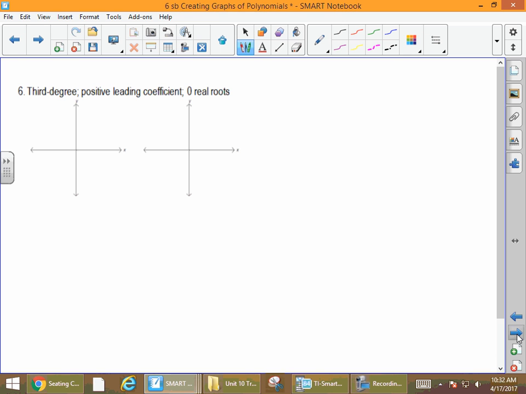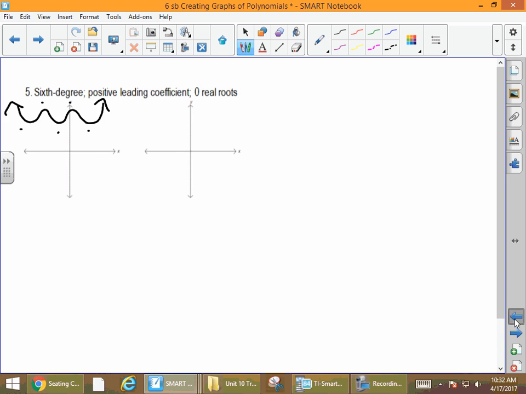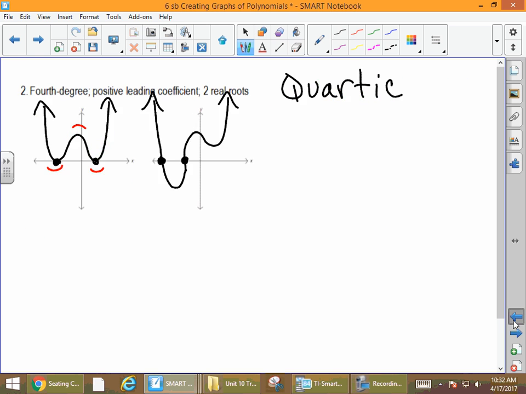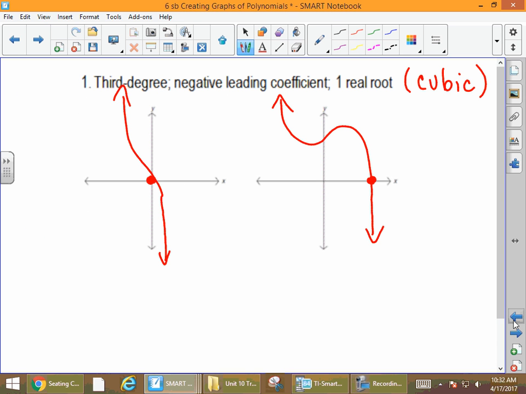When we look at number 6, 3rd degree, positive leading coefficient and 0 real roots here. Well, even if we go back to 3rd degree, which by the way is a cubic function, if we go back to example number 1, both times that we drew number 1, we ended up crossing the x-axis.